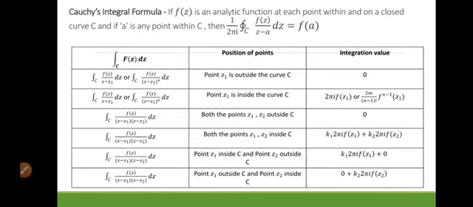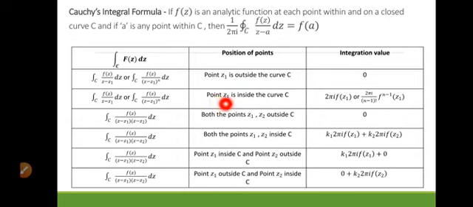The first case is the integration over C of f(z) upon (z minus z1), or f(z) upon (z minus z1) raised to n, that is, the factor is repeated n times. Here, instead of A we have taken z1. If point z1 is outside the curve C, then this integration value is straightaway 0.